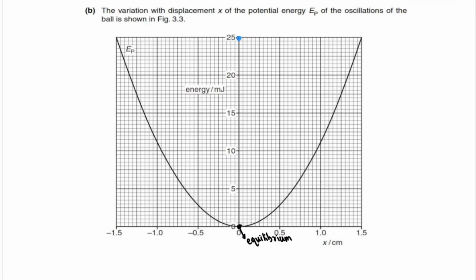And as the object gets further away from the equilibrium position, its kinetic energy decreases as all of its kinetic energy is gradually converted into potential energy. This is the graph for kinetic energy with respect to displacement.